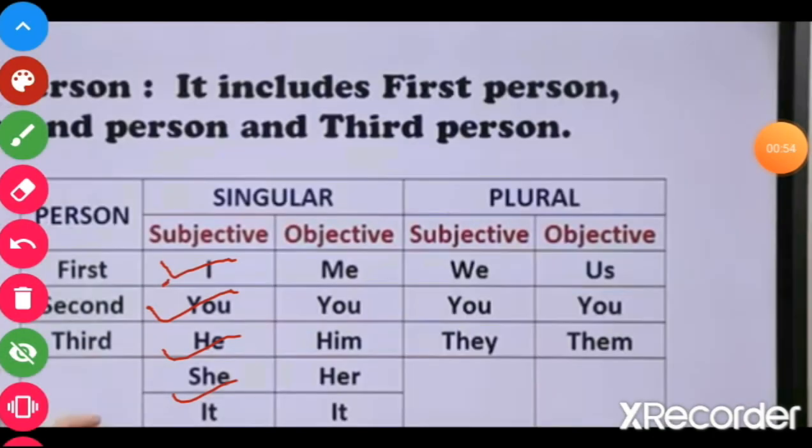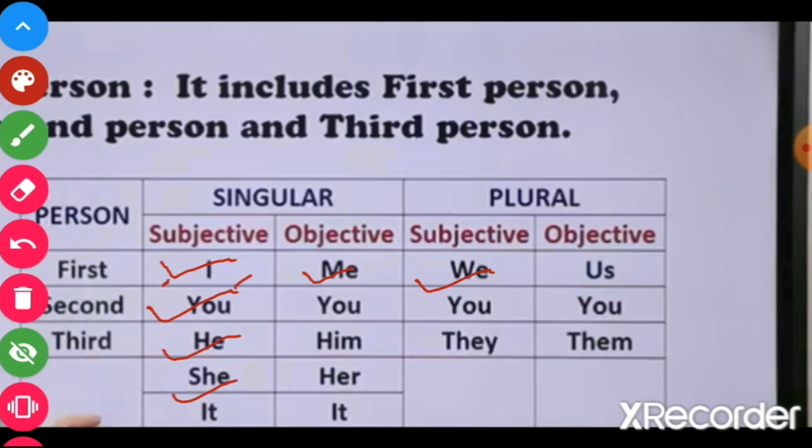So the speaker is the first person, as I mentioned. For the speaker we use I, and in the object case we can use me. And whenever you are talking about a noun, the speakers can be plural also. In that case we will use we. The second person always remains the same.